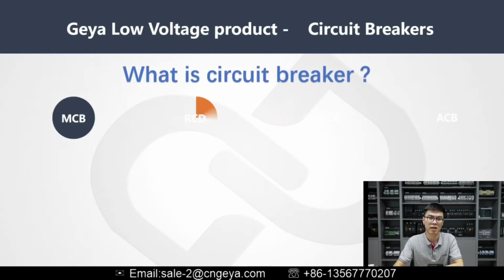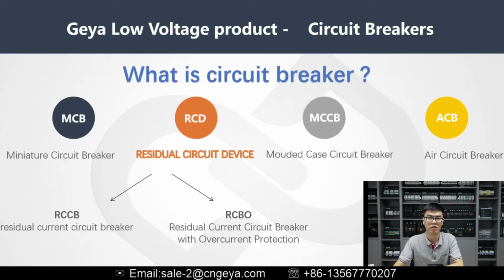Here we start the introduction of our second circuit breaker, the residual current device. This RCD product can divide into two different types. One is RCCB. The full name of RCCB is Residual Current Circuit Breaker, and the other one is RCBO.